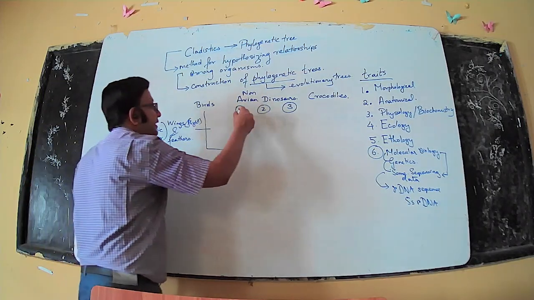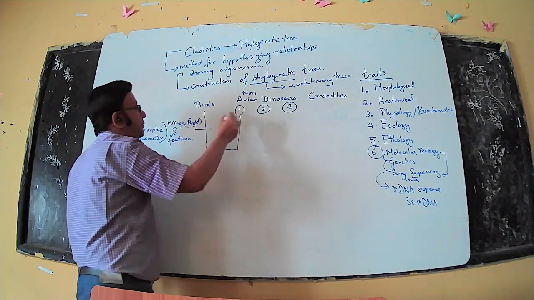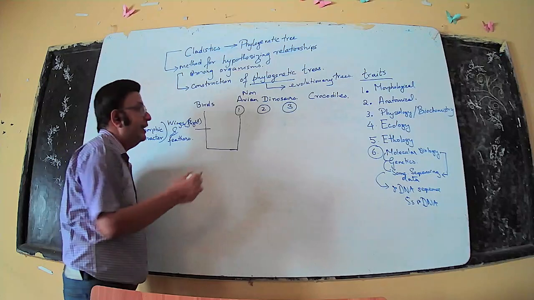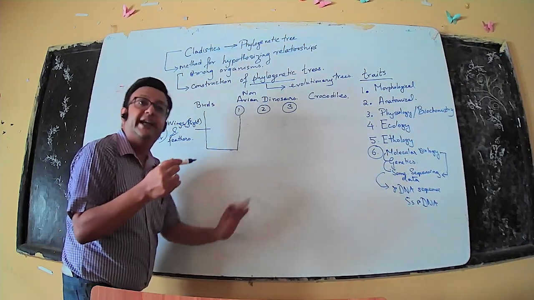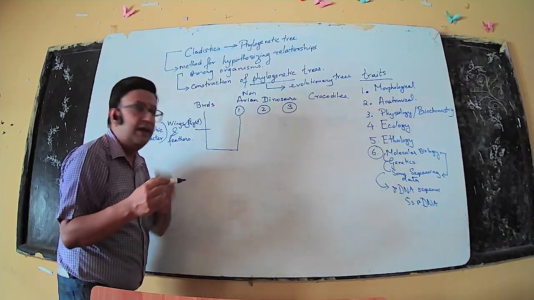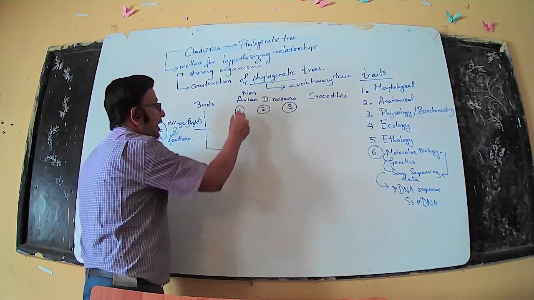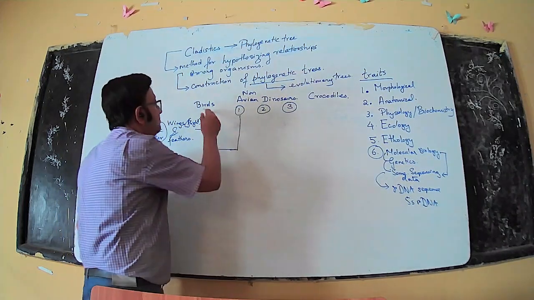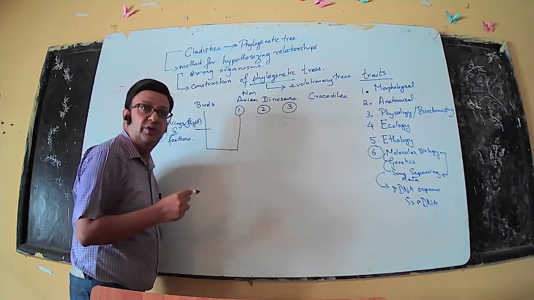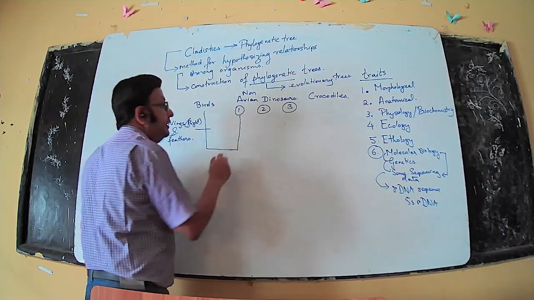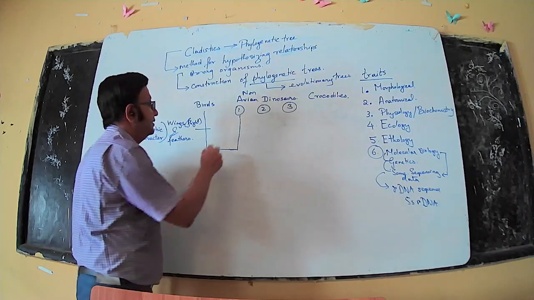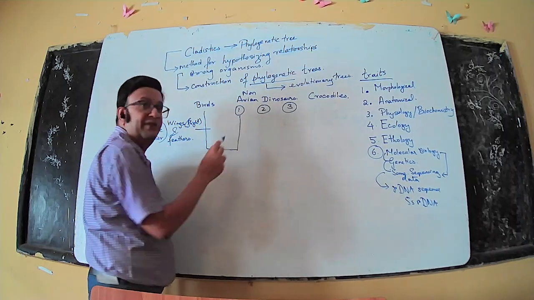Then you take characteristics between birds and avian dinosaur 1 and see that they have got 90 characters common. Say for example, do a DNA sequencing, find 90 characters common. So you draw a line close. Then birds and number 2, they have got 80 characters common, so they are much far away from each other.